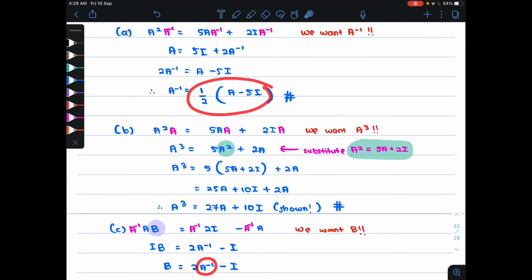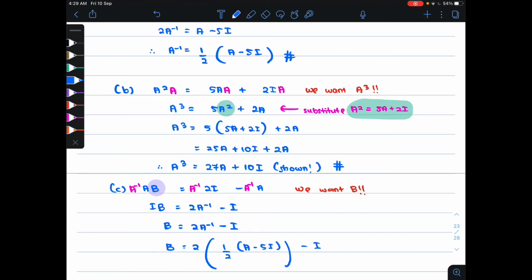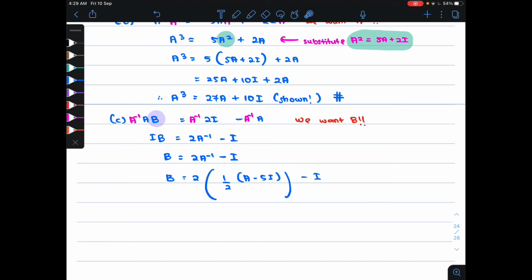So, A inverse is half times A minus 5I. So, we're going to substitute this one into A inverse. Therefore, the real answer of matrix B is A minus 6I.